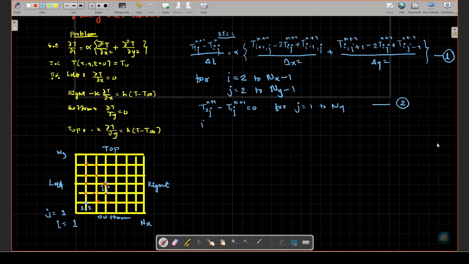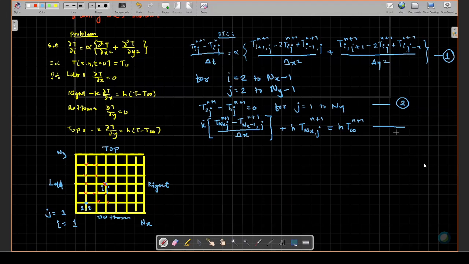For the right boundary condition, this will become k (T_nx,j^(n+1) minus T_nx-1,j^(n+1)) divided by delta x plus h T_nx,j^(n+1) is equal to h T infinity at n, or you can say this is n plus 1 also, but this is a known value.